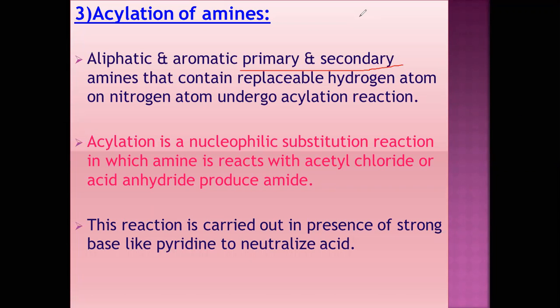Now, acylation is a nucleophilic substitution reaction in which amines react with acetyl chloride or acid anhydride, which produces amide. Now, this reaction is carried out in the presence of a strong base like pyridine to neutralize the acid. Pyridine is used as a strong base to neutralize the acid.